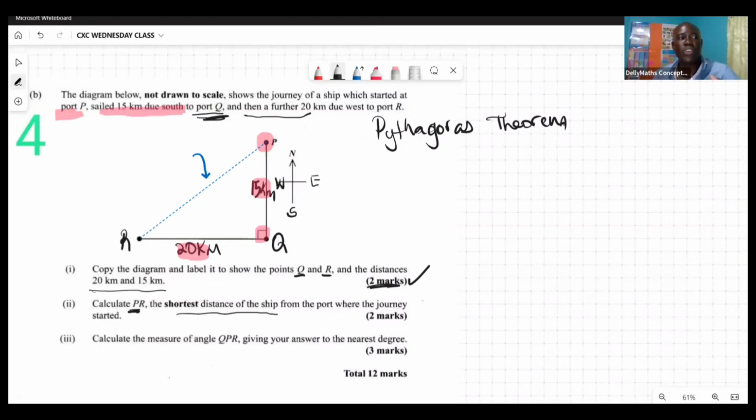Because, Jody, as long as they did not give me an angle, or they're not asking me to find an angle, trig ratios cannot work. Trig ratios only work when they give an angle or they're asking you to find an angle in a right angle triangle.